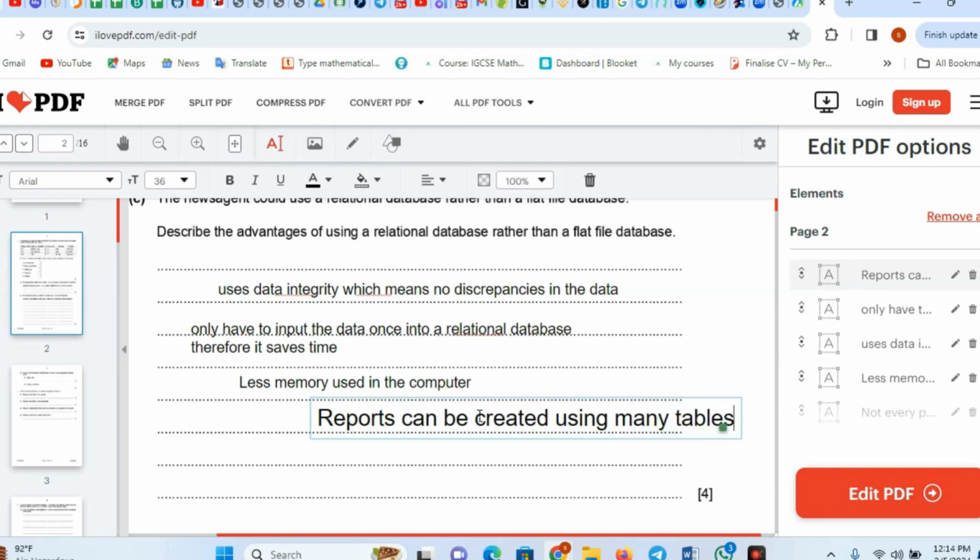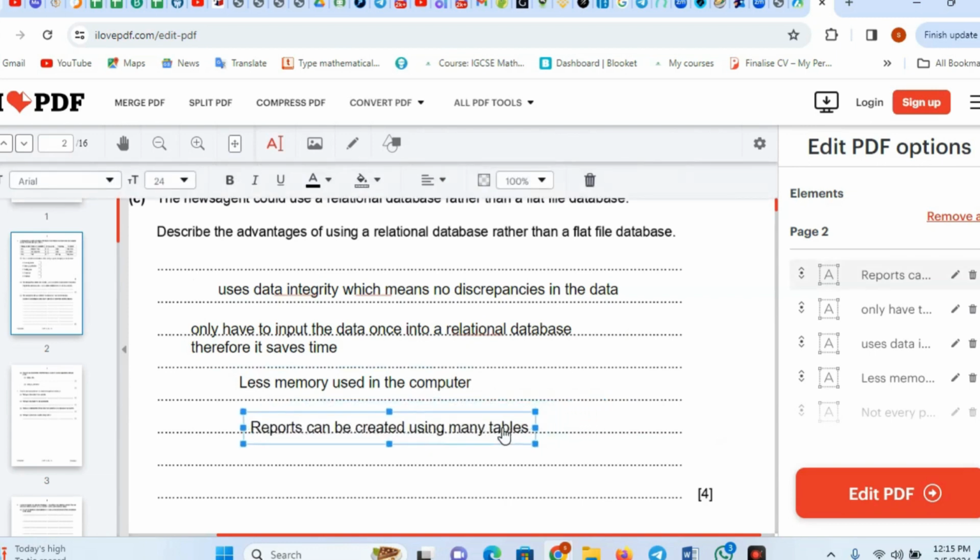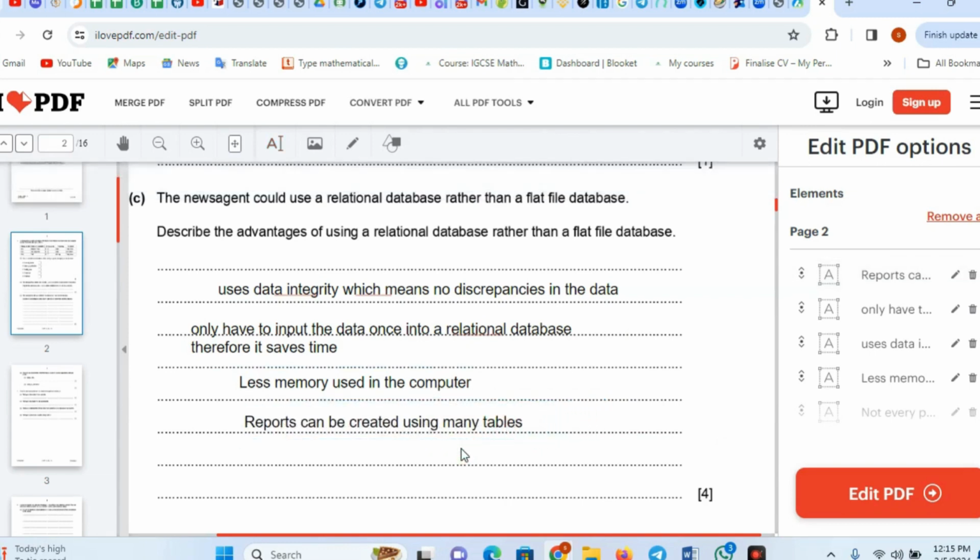You can create reports using many tables. So all these are some of the advantages of using a relational database over a flat file database. We have more. Like you say, data is not unnecessarily duplicated.